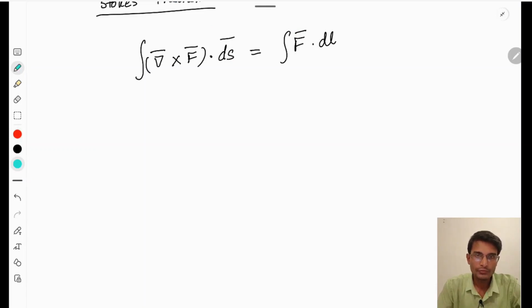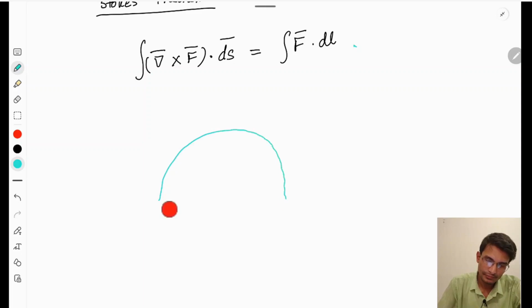Now to understand what this means physically, let's consider a hemispherical surface, something like this.